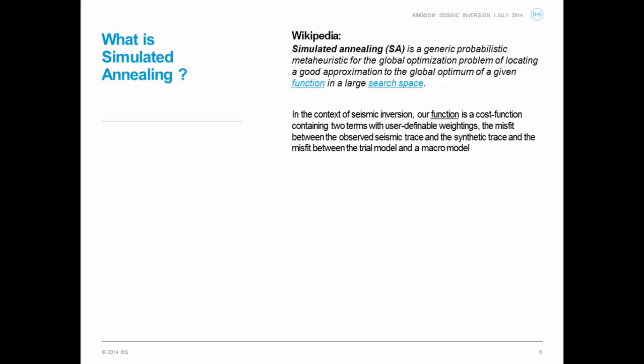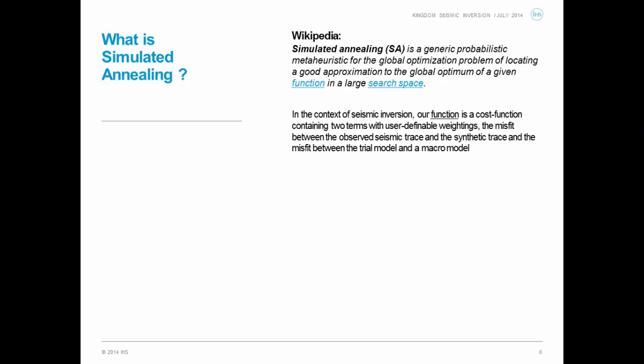when correctly parameterized. In SA inversion, our function is a cost function containing two terms with user-definable weightings. The first term is the misfit function between the observed seismic trace and the synthetic trace, and the second term is the misfit between the trial model and a macro model.